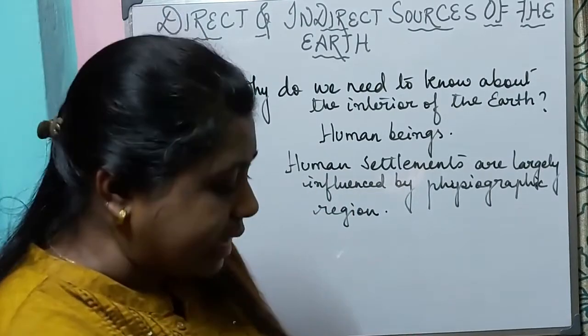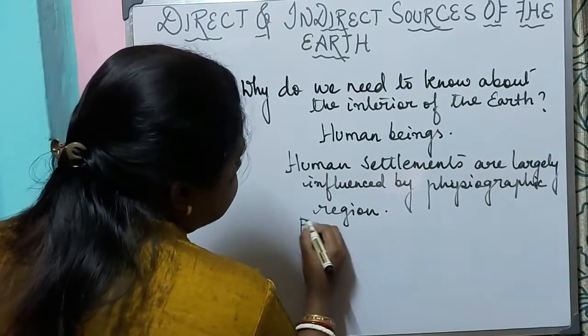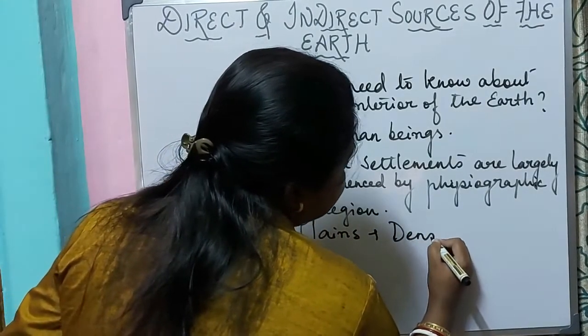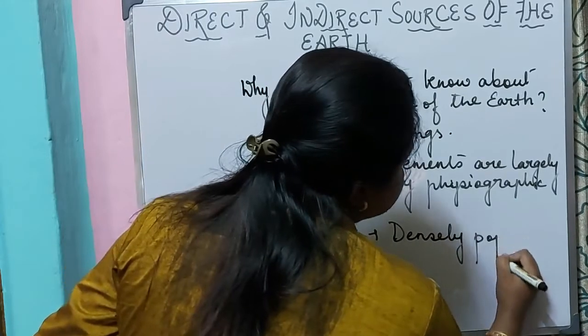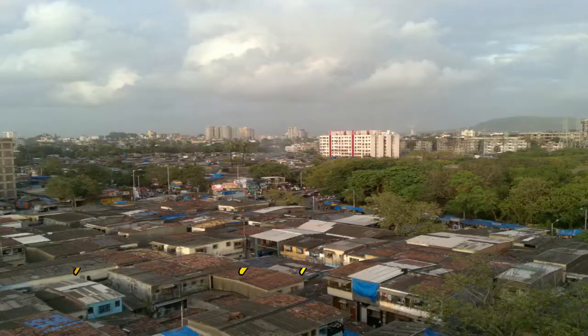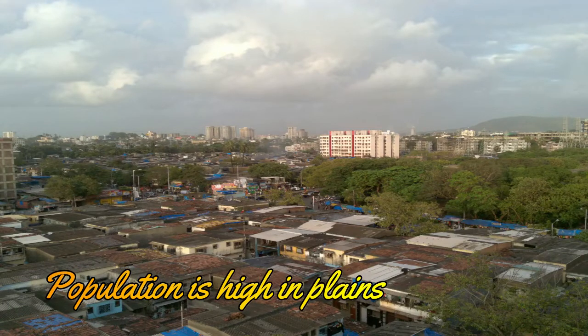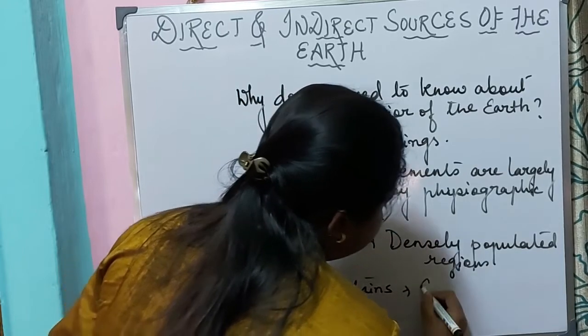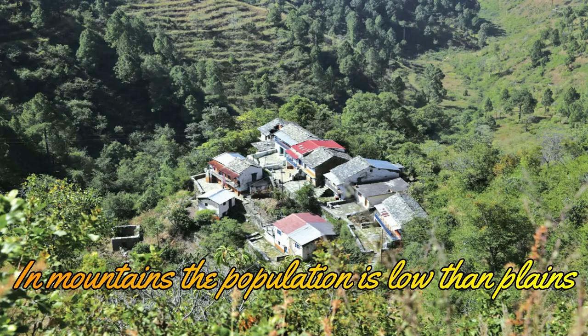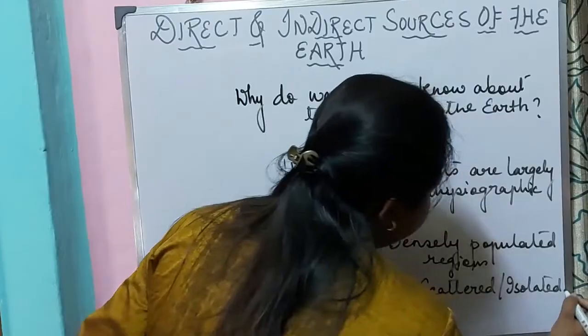That is why we see that in the plains, we have densely populated regions. More people live in the plains compared to the mountains, where the population is scattered or isolated.